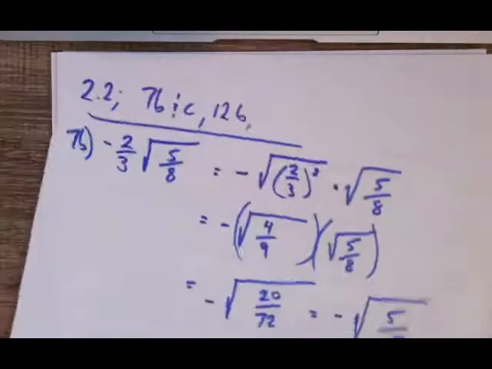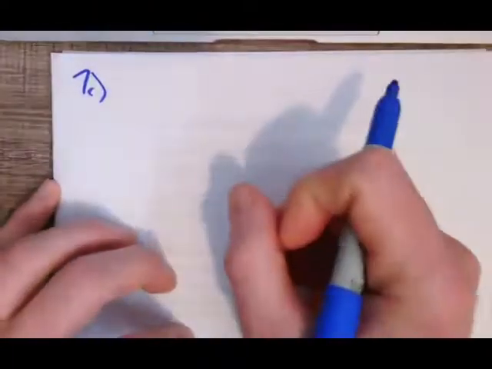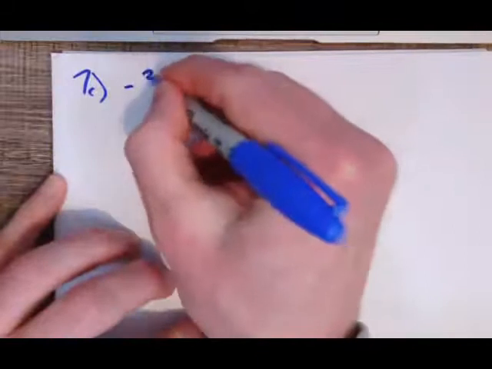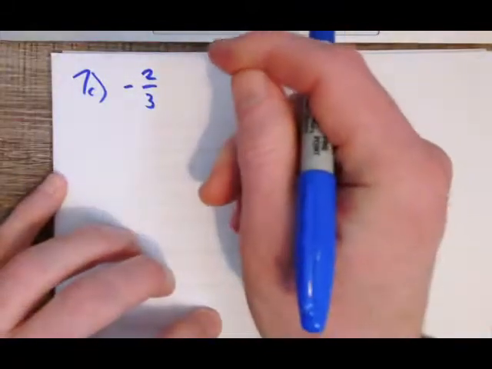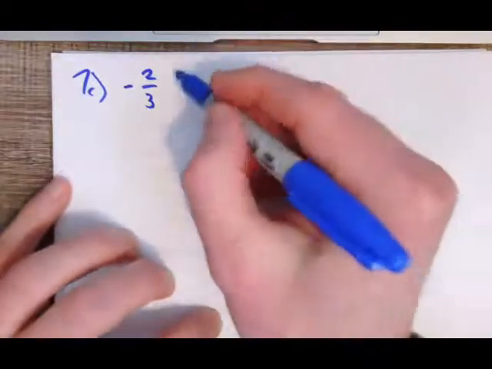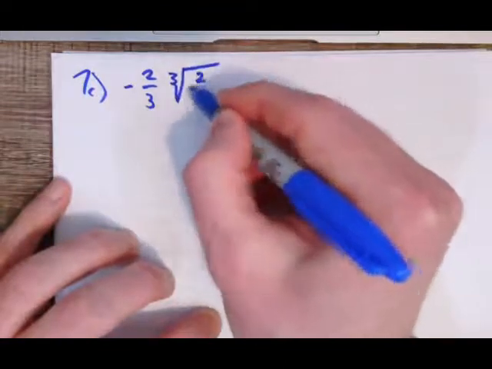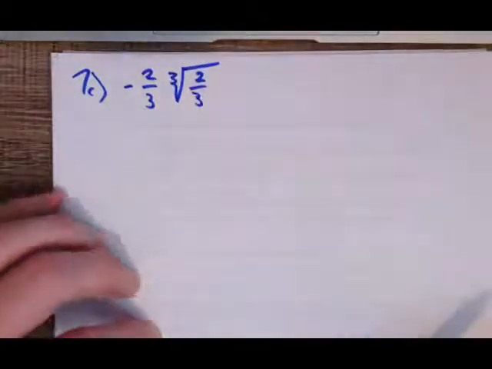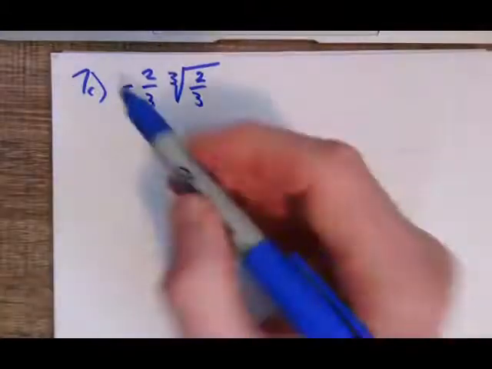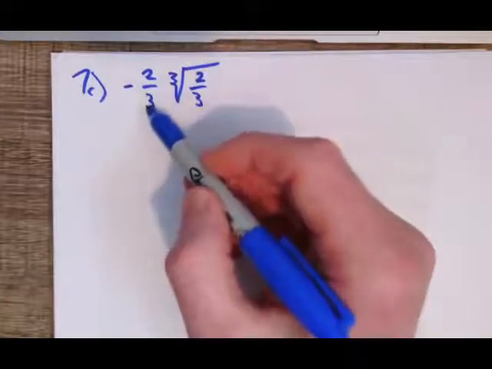Okay, let's look at 12b. Not 12b yet, 7c, sorry, 7c. Oh yeah, okay, so 7c is a negative outside of a cube root. Negative 2/3 times the cube root of 2/3. All right, so with the other question, we squared it, right? This one we're going to cube it.